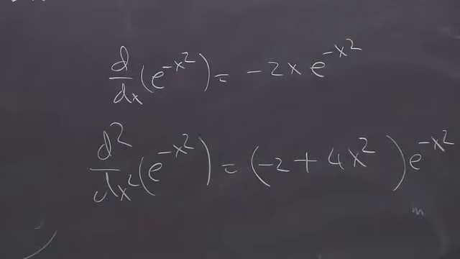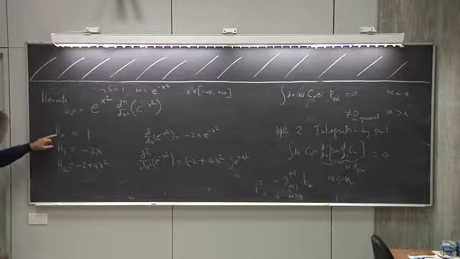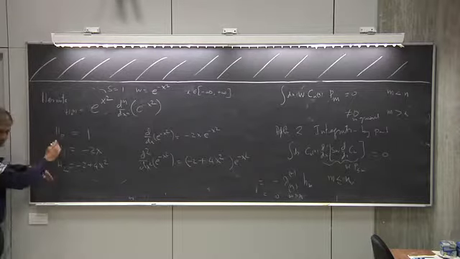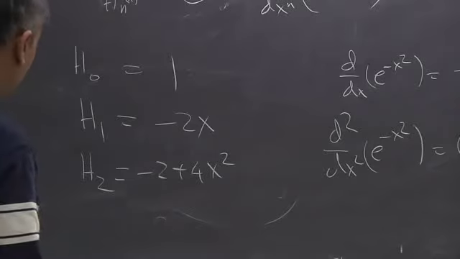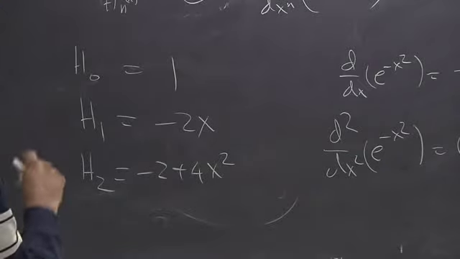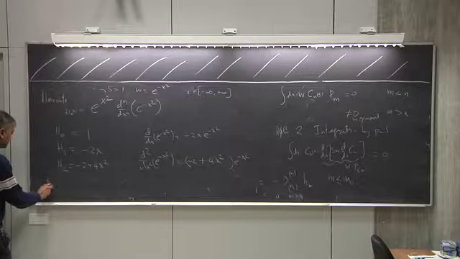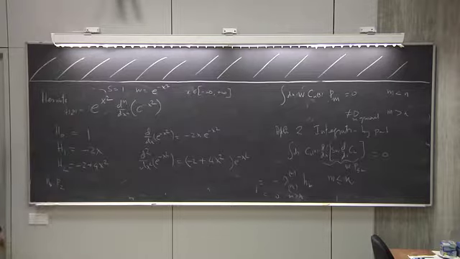Now, these are all orthogonal to each other. However, what we want to show is this: suppose I take H0 and multiply it with some polynomial of degree 2, and integrate it with dx and w; this will not be 0 in general.